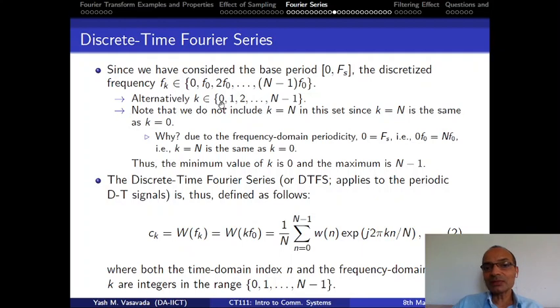It was going from 0 to some 1.1 or something, some non-integer number, 2.2 and so on, and then it will go all the way up to capital N. But that is evidently not the right thing to do, because we want to maintain uniformity in the samples in the frequency domain, and those samples have to be integer multiples of f naught.